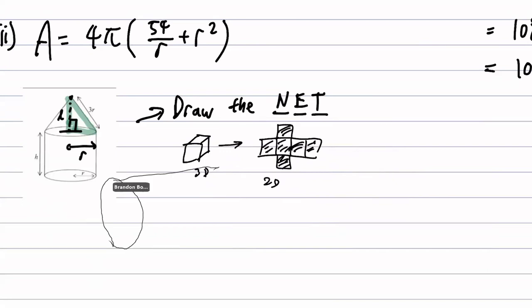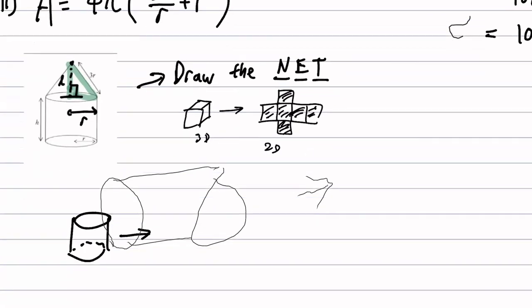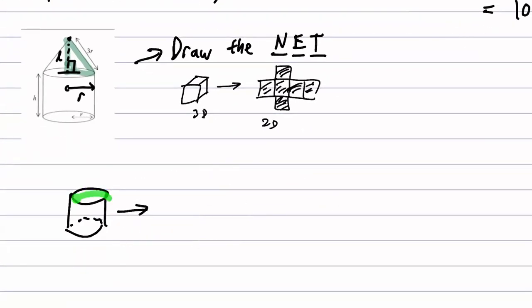Now for this part, because this is a cone, the 2D drawing is a bit difficult to draw. So let's just deal with the cuboid first. For the cuboid, this one is easy to draw. You can split it up. If you can imagine the curved part here, you take an A4 piece of paper, you curl it up together, you get the curved surface area.